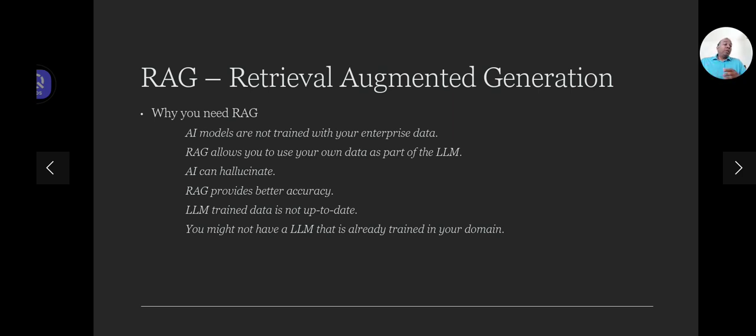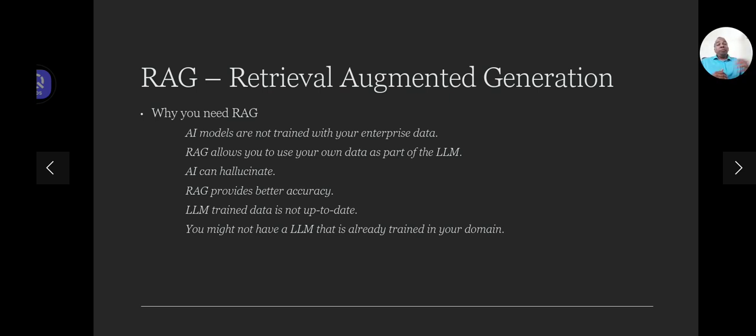Obviously, when you provide your own data and tell the learning model to use only that data, you are increasing the accuracy of the response that is received from the LLM. It gives you the option to provide up to date data, right?